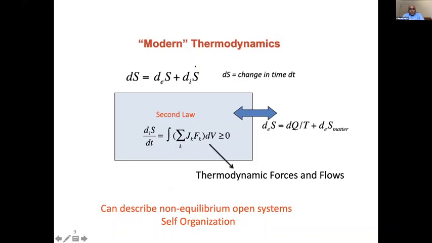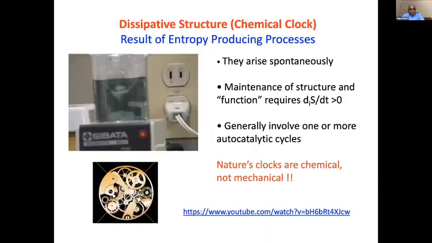Irreversible processes generating this entropy within the system can be calculated in terms of thermodynamic forces and thermodynamic flows. So this you can find in any textbook. But with this theory of non-equilibrium systems, we were able to understand systems that spontaneously organize themselves.